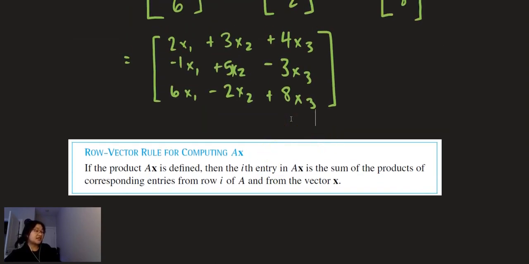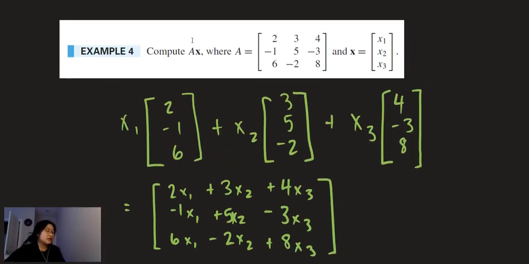So the first entry in our product is looking at A's first row and our weights from our vector x.